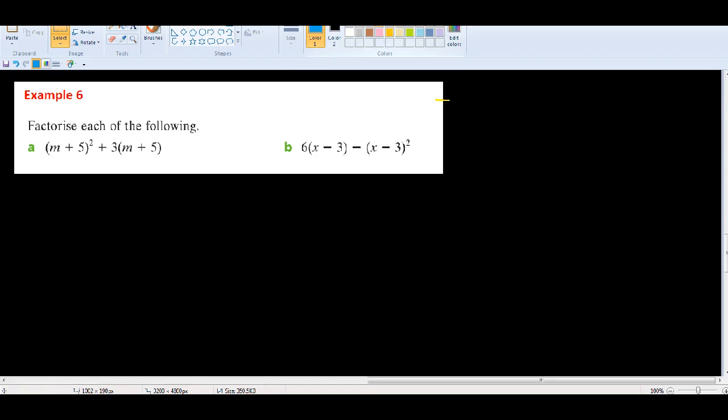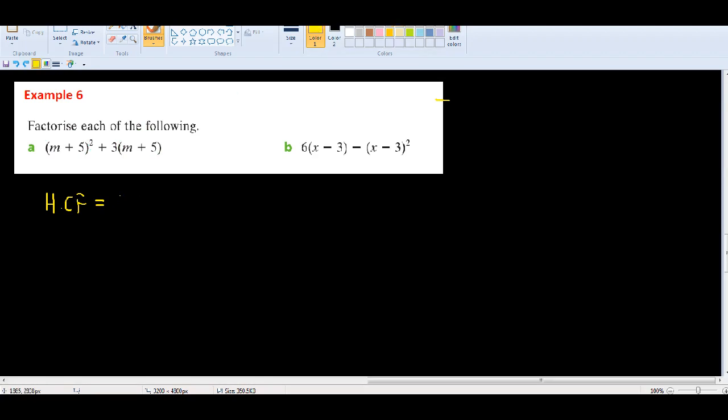So in the first case, you got m plus 5 squared, m plus 5. Then think about the HCF. The HCF will be the common factor. The only common factor here is this one and this one. Of course, one is squared, the other is just power 1.